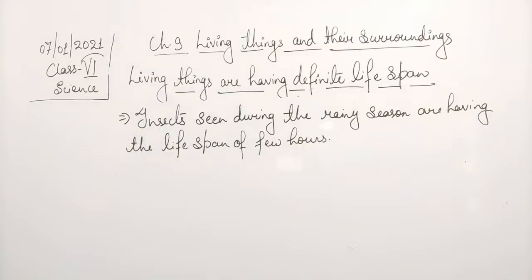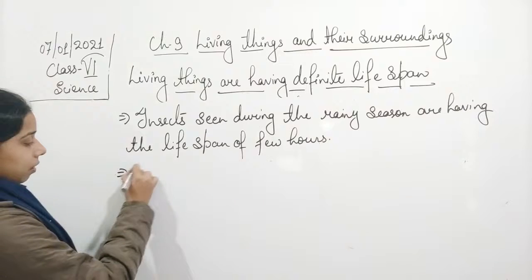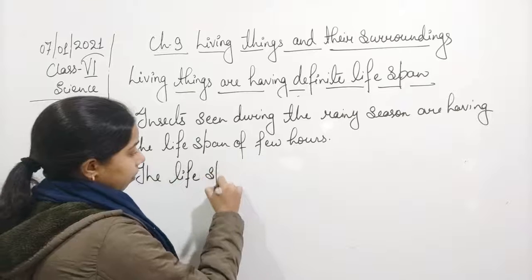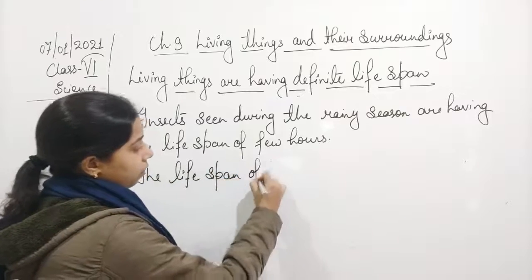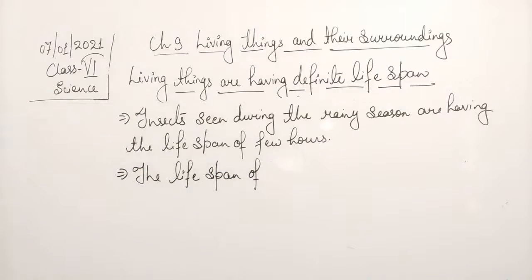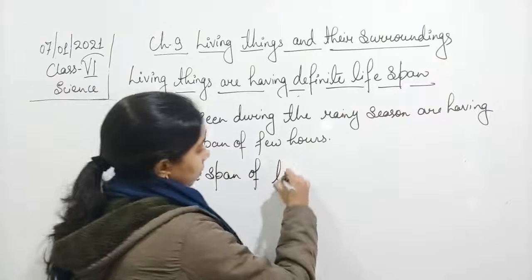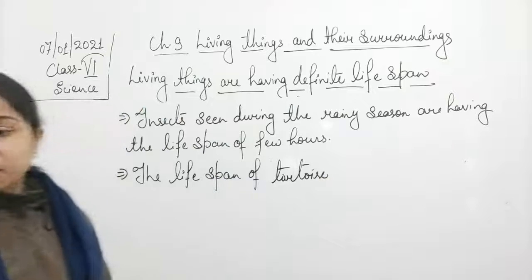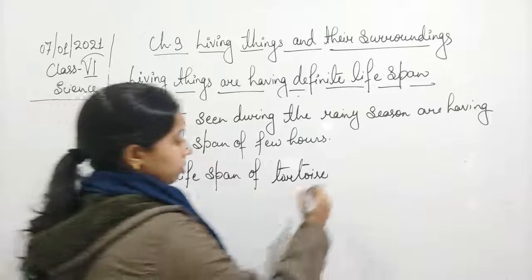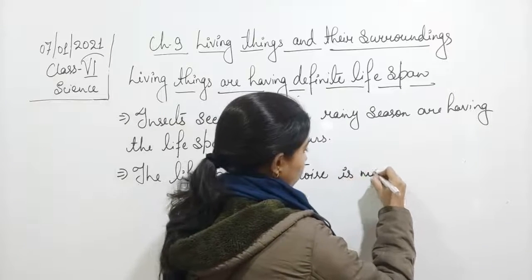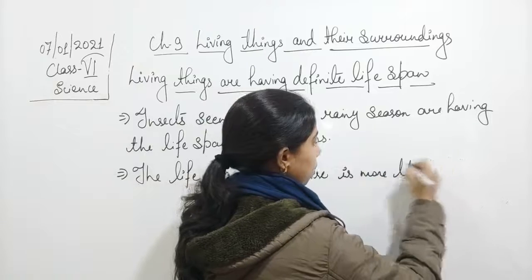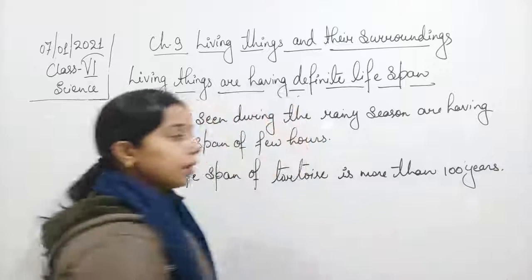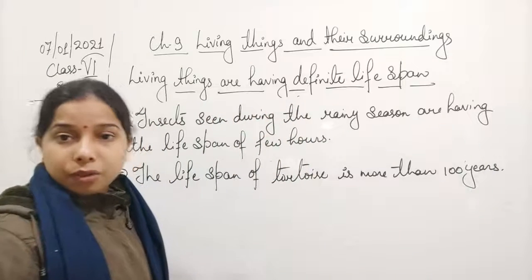Okay, so we can write it, that is the lifespan of tortoise is more than 100 years. Okay, it is more than 100 years.